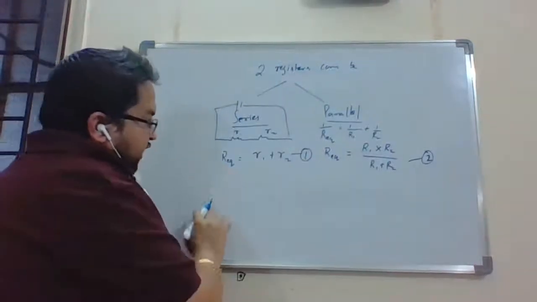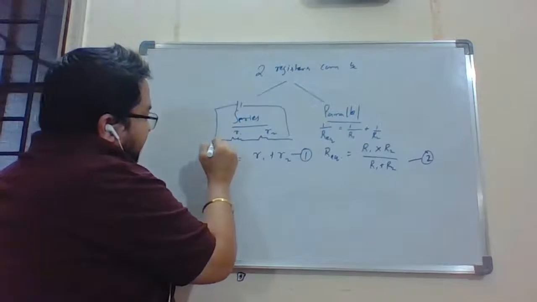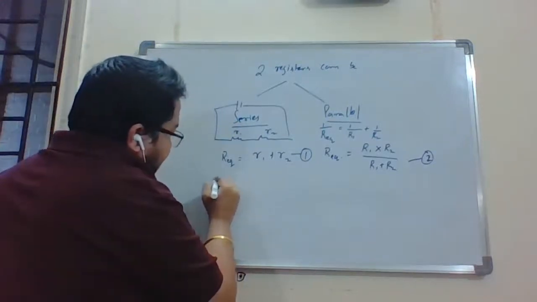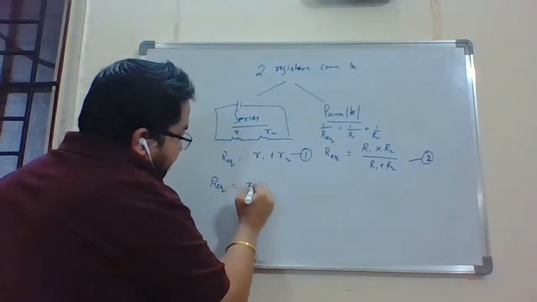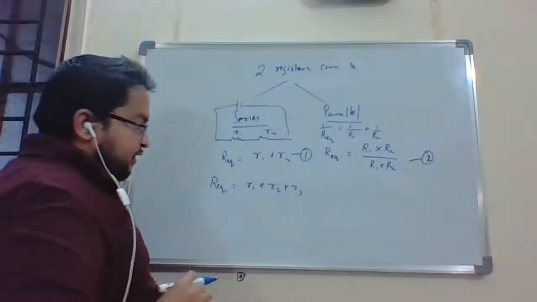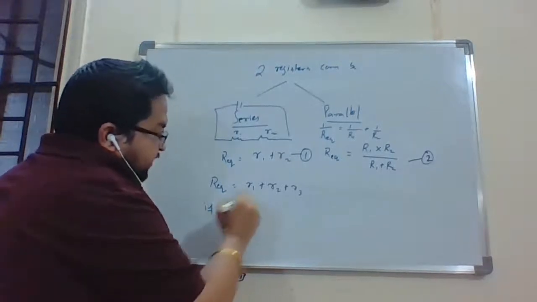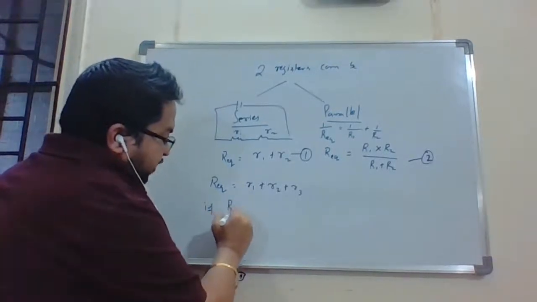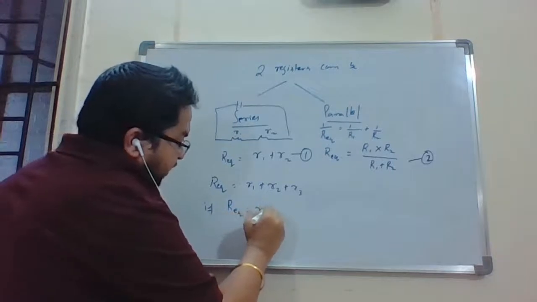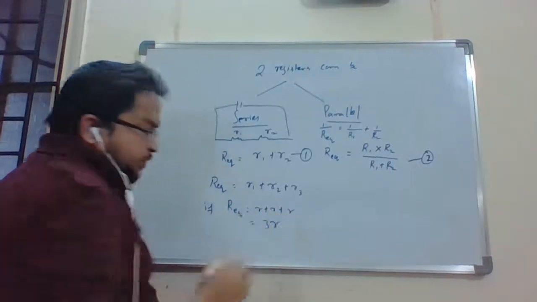One more small formula. If three resistors are in series, R1, R2 and R3, then R equivalent would be R1 plus R2 plus R3, right? And assuming each one is R, then your R equivalent would be R plus R plus R, that is nothing but 3R.